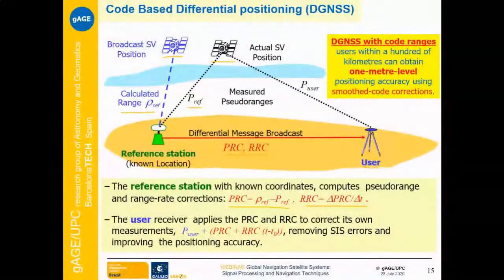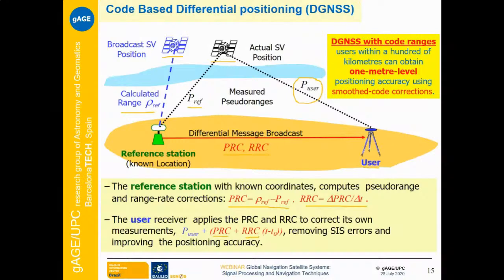So the nearby user can then correct the pseudo-range measurements that are collected by the user, applying the pseudo-range corrections and the range rate corrections.